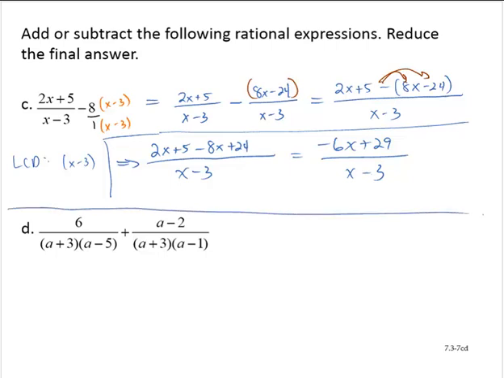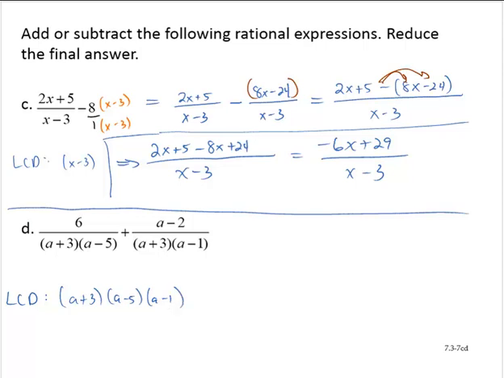All right, and exercise D. 6 over a plus 3 by a minus 5 over a minus 2 by a plus 3 by a minus 1. Notice that the denominators are already factored. So we will write the LCD as a plus 3 by a minus 5 by a minus 1.